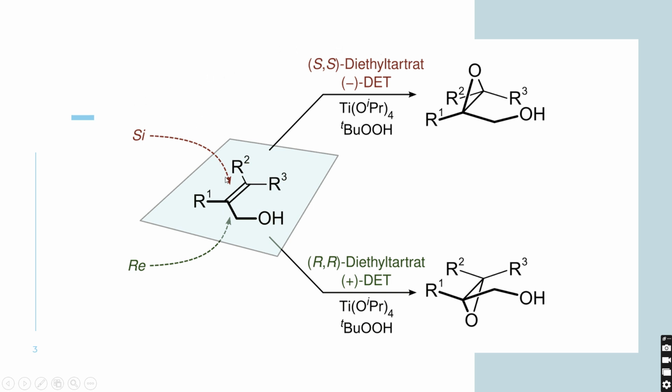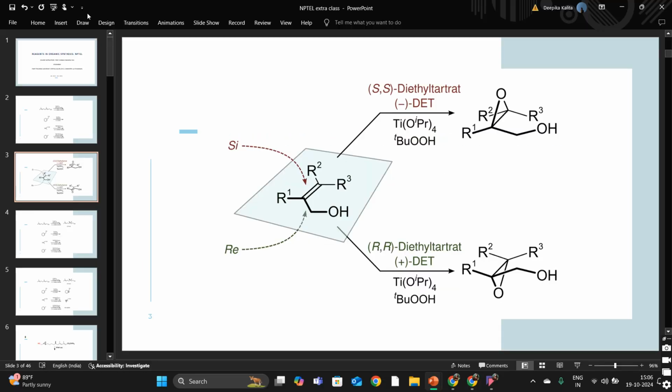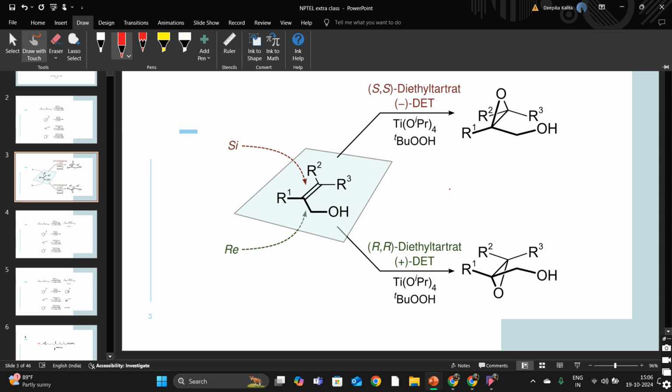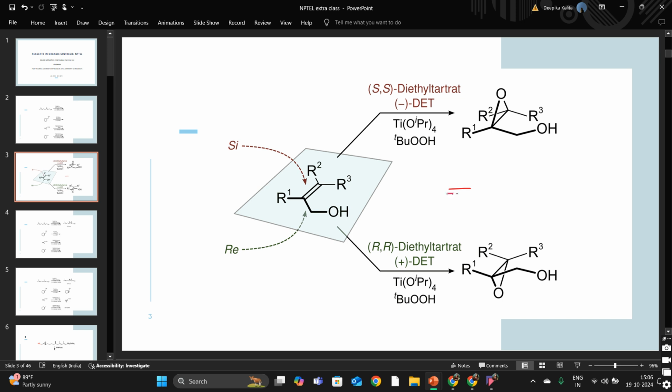If the substrate is not placed in this fashion, suppose the substrate is given in this fashion, then you have to visualize your molecule in this way so that you do not get confused about which product you are going to get.